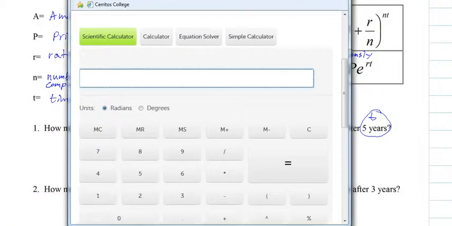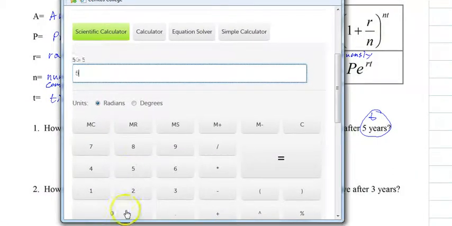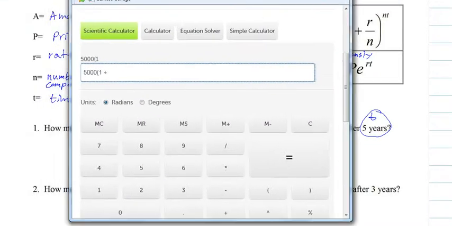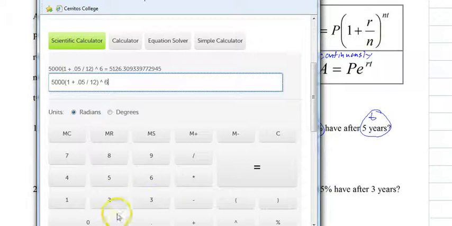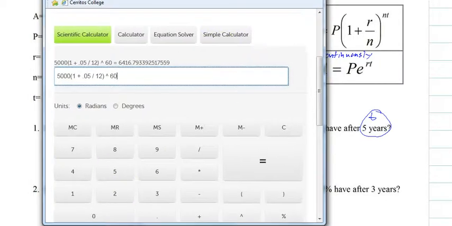So it's 5,000, parenthesis, 1 plus 0.05 divided by 12, parenthesis, and then the caret right here is your exponent key, and that is a 60.